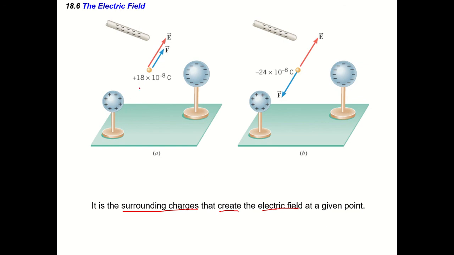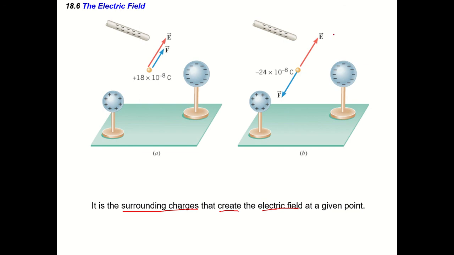We have here the charge at positive 18 times 10 to the minus 8 coulombs. It is affected by this, so it has its electrostatic force, and because of this, there will be an electric field that affects this charge.